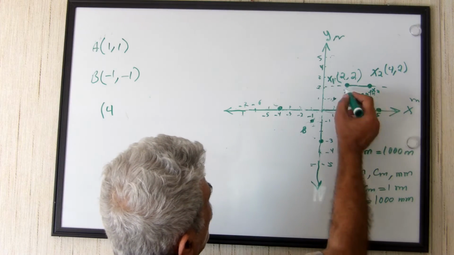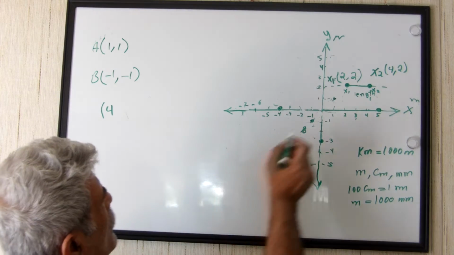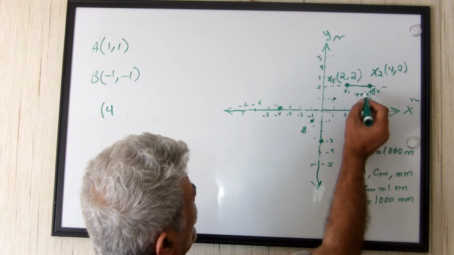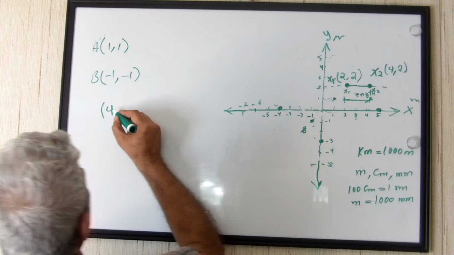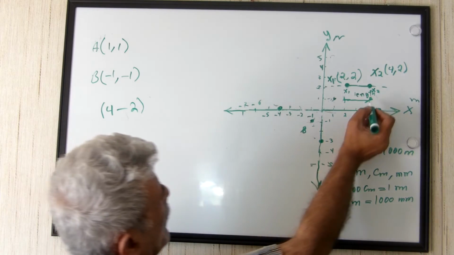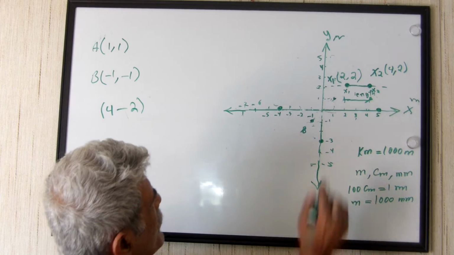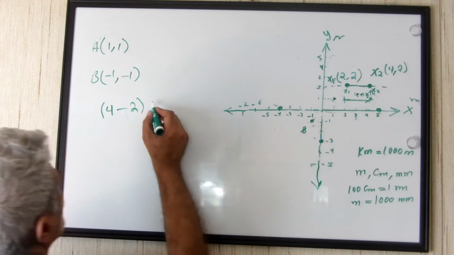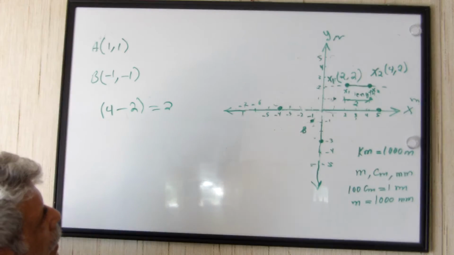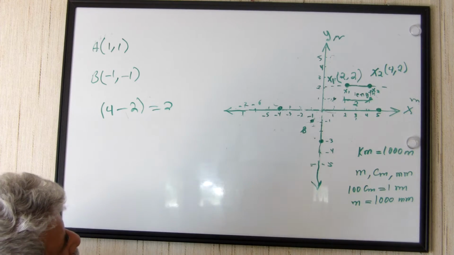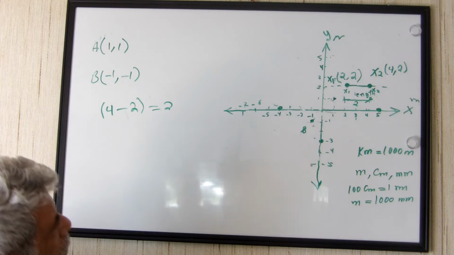The y is the same for both, so we only use x. We say 4 minus 2, the last number minus the first one, and that gives the length. So it's going to be 2. The length of this is 2, whether it's 2 kilometers, 2 meters, or 2 inches. We'll talk about the unit later.